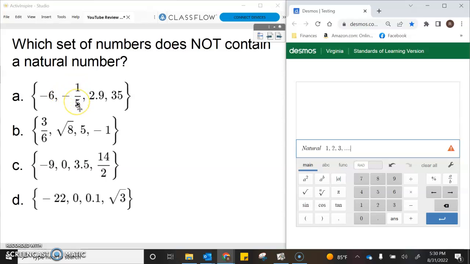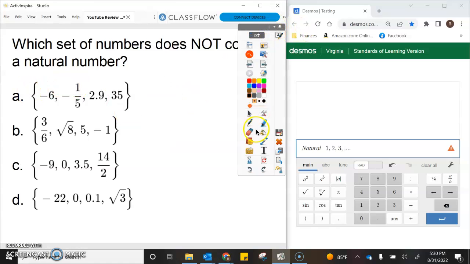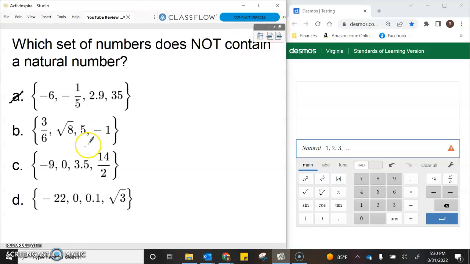Negative 1 over 5, not a natural number. 2.9, not a natural number, but 35 is a natural number, so it's not A. So let me get a pen, and we can cross that out because this one is natural, so that can't be it, because we're looking for the ones that do not contain naturals.